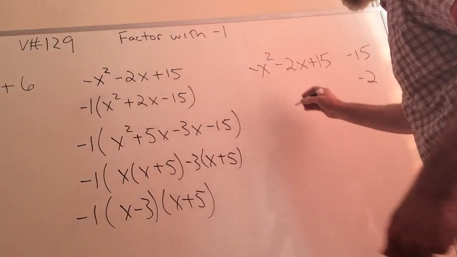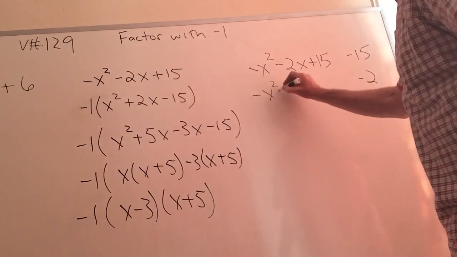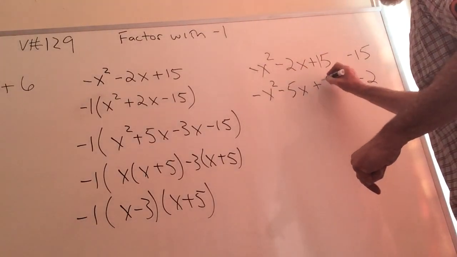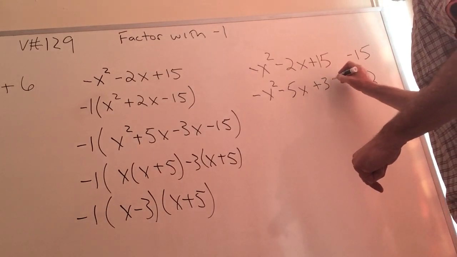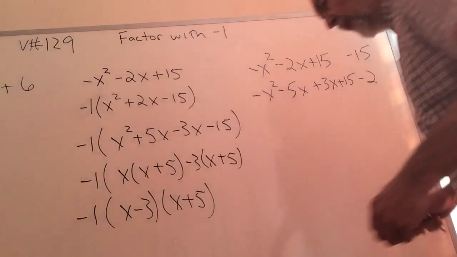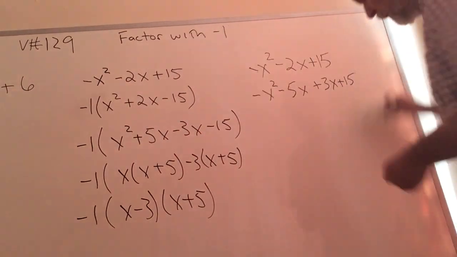Well, basically we did it over there. So that turns out to be negative x squared minus 5x, in any order, keep saying that, plus 3x plus 15.